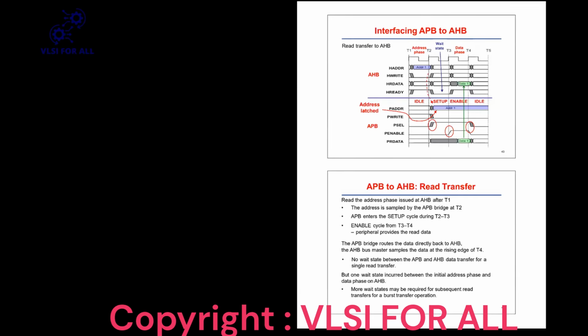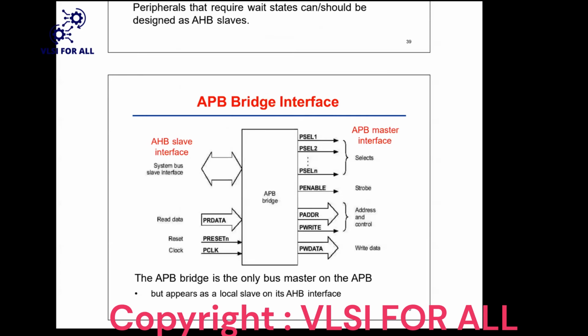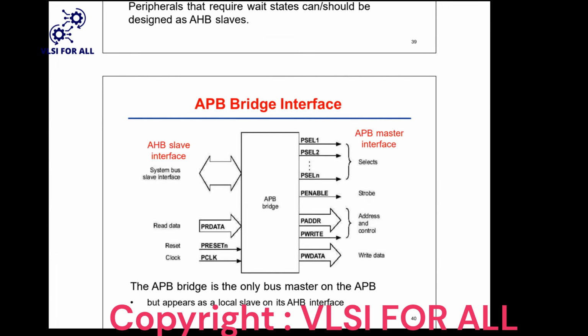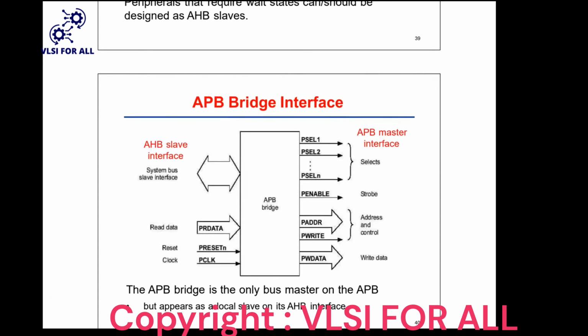Okay, so here we can see the signals. On the LHS side they have written AHB slave interface, and on the RHS side they have written master. On the RHS side you can imagine a processor present at SoC level, and on the LHS side some slave like a UART or maybe a keyboard.